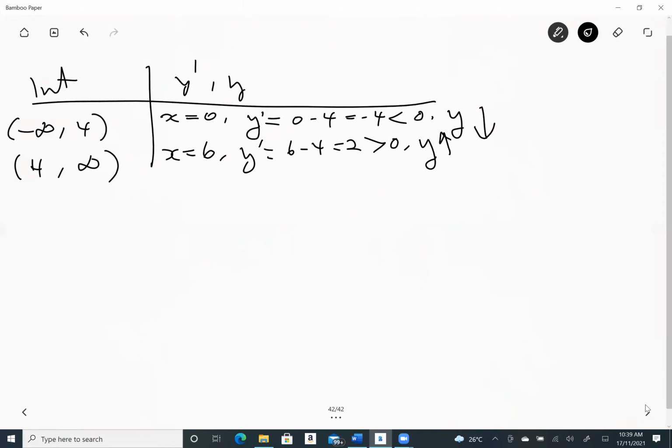So you can see there, to the left of the critical point, the function is going down, reaching the critical point 4, and the value of y is negative 7. And then y is increasing. So what do you have for the critical point? You have a minimum.